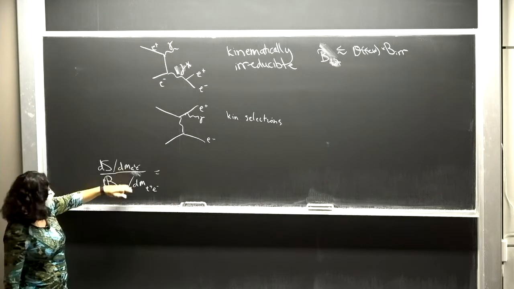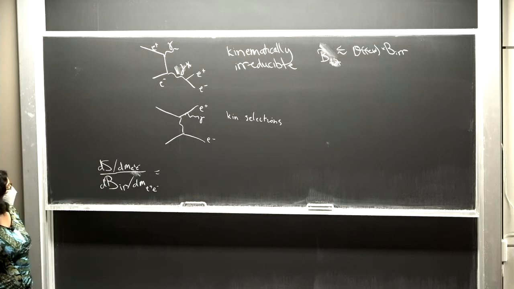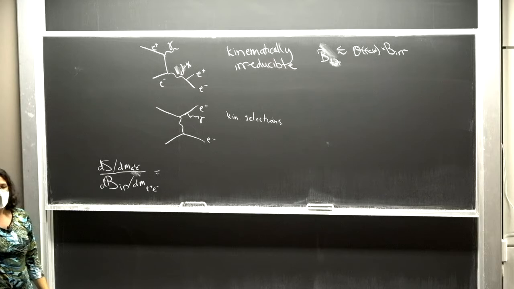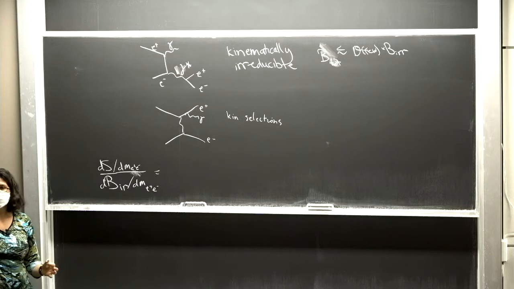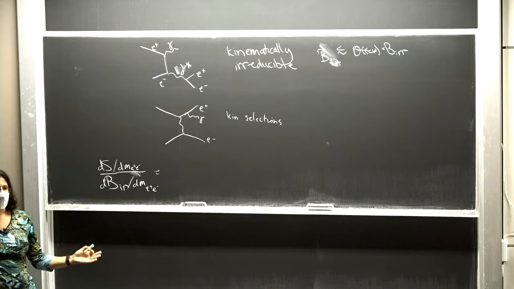And the theorem here is that I can relate the ratio of the rates to the propagators squared, that's really true differentially in mass and differentially in as many other kinematic variables as you care to include. It's true of the fully differential cross-section. You can integrate over everything else if you want to.